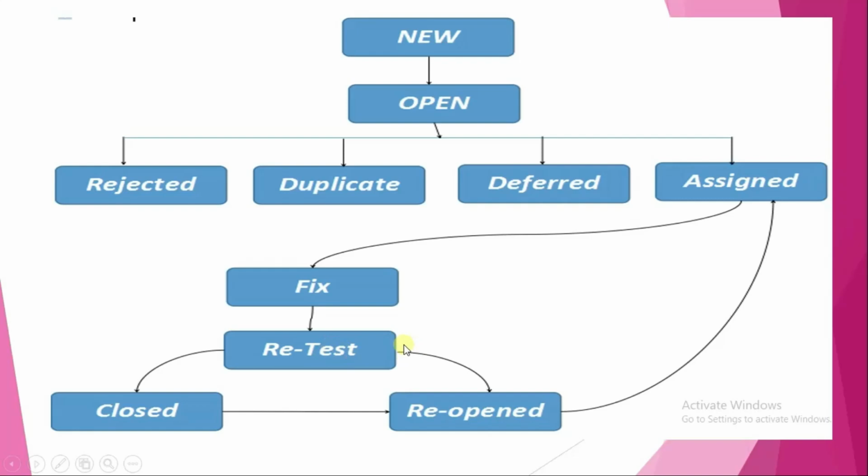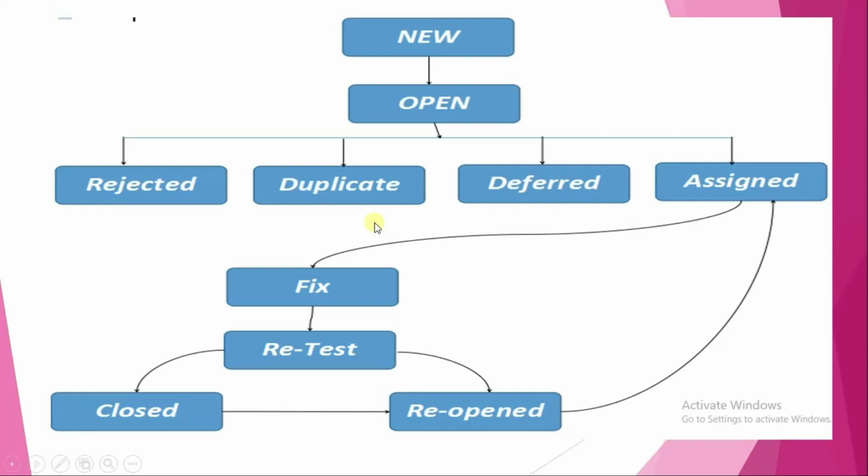Otherwise, if the tester again finds a new bug or the related bug, then he can set the status to reopened, because the developer has to fix it, otherwise the tester will again have to raise the defect report to the same developer with the status reopened. So the cycle is going to repeat here.